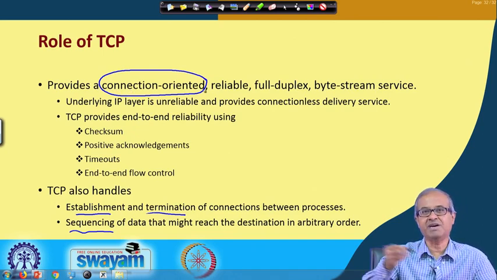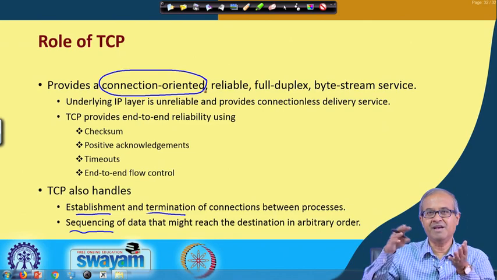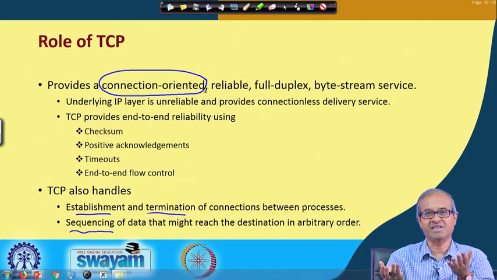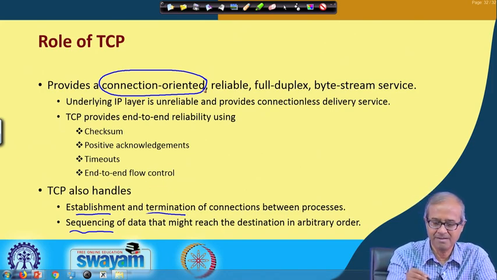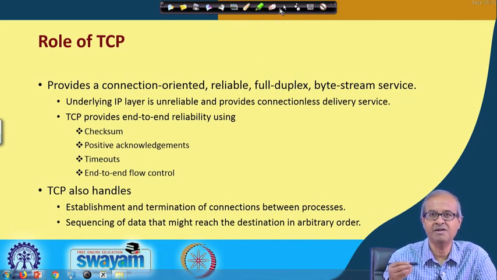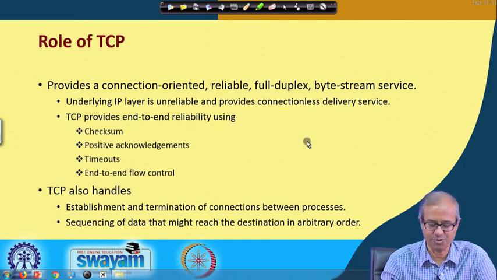There is a virtual connection which is maintained, and the user process gets a feeling that there is a connection and all data are coming through that connection in the same order. But actually TCP has to work quite hard in order to have all these features incorporated.